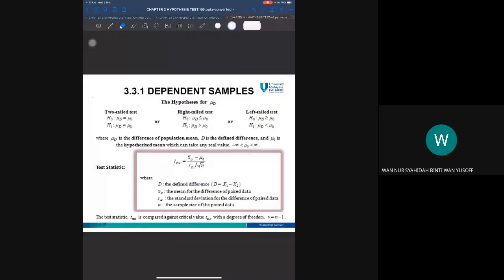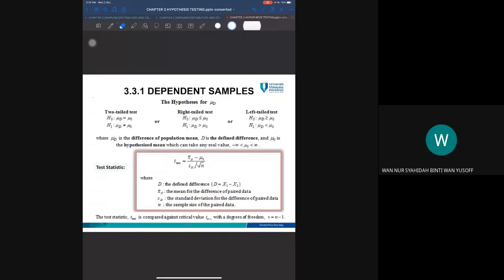Okay, so the idea of the dependent sample, we have discussed in chapter 2. Here we have two different data sets coming from the same population, or two different data were collected from the same subject.